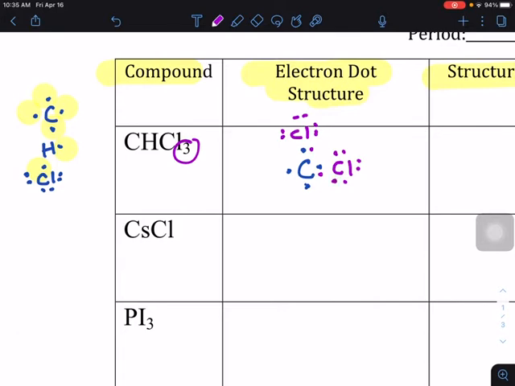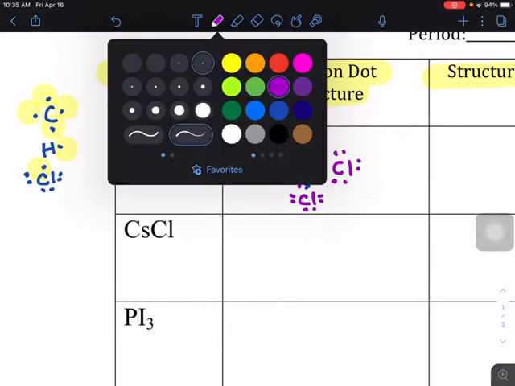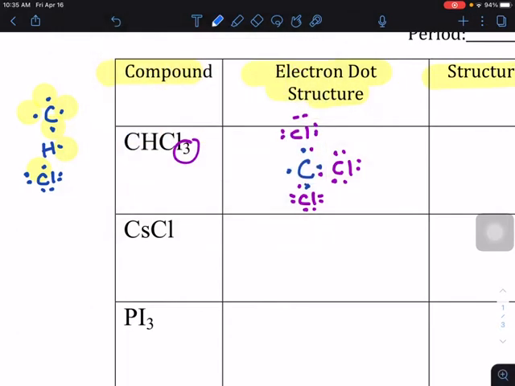Here's another chlorine, 1, 2, 3, 4, 5, 6, and 7. That accounts for the 3 chlorines, and now we have 1 hydrogen. And the hydrogen, right here, hydrogen with its 1 valence electron. Okay, and that's what it would look like.